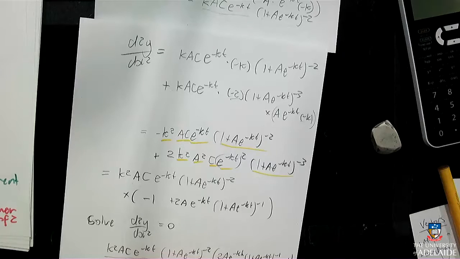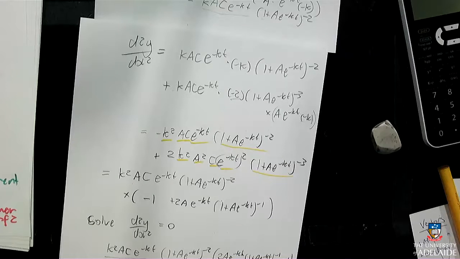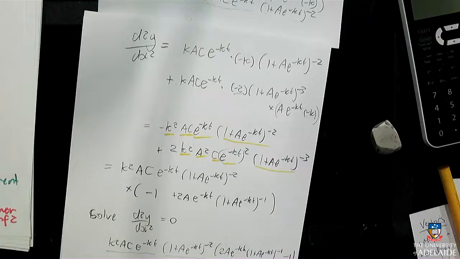So therefore, 2a e to the minus kt (1 plus a e to the minus kt) to the negative 1 minus 1 equals 0, since e to the minus kt and (1 plus a e to the minus kt) to the minus 2 can't be 0. So 2a e to the minus kt (1 plus a e to the minus kt) to the negative 1 equals 1.